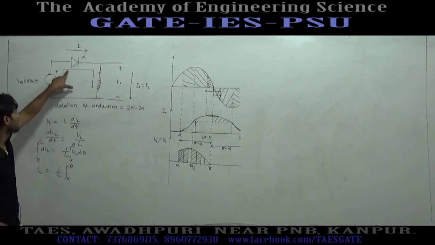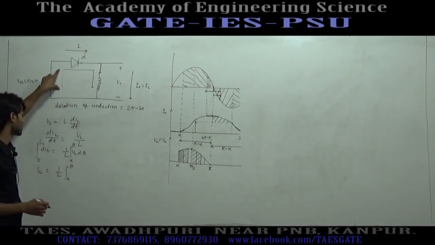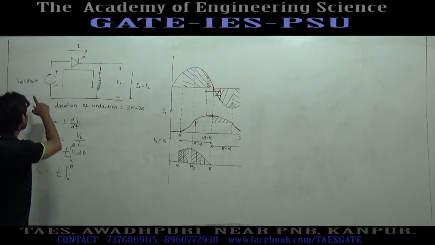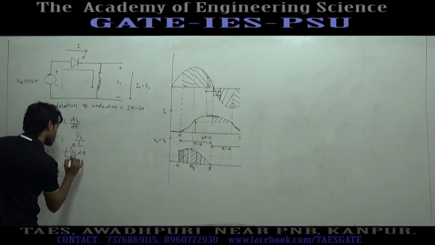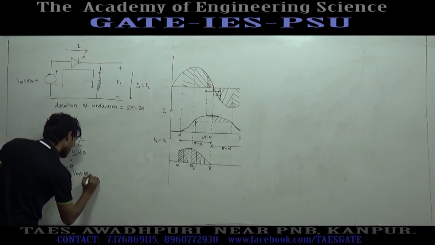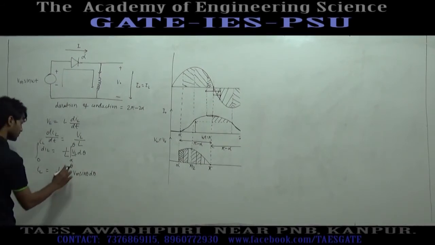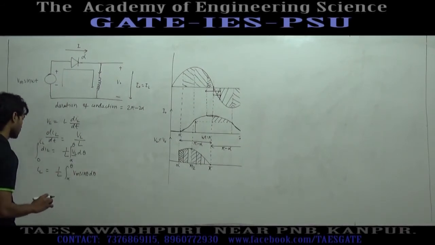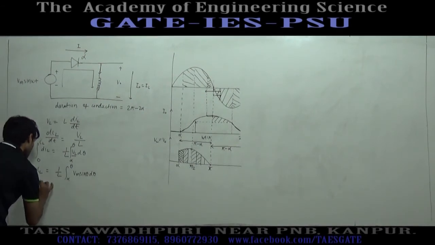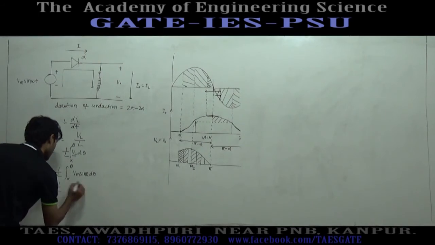Whenever this current is conducting, the inductor voltage will be equal to input voltage, and input voltage is Vm sin theta. So in place of inductor voltage we will write Vm sin theta d theta.